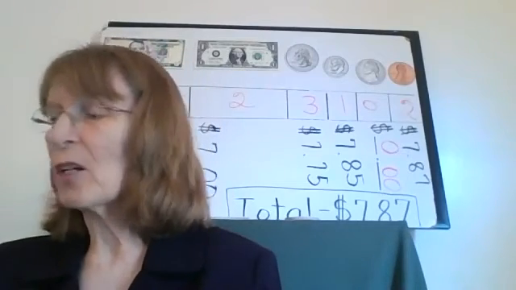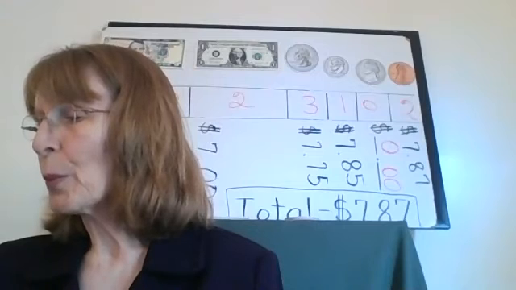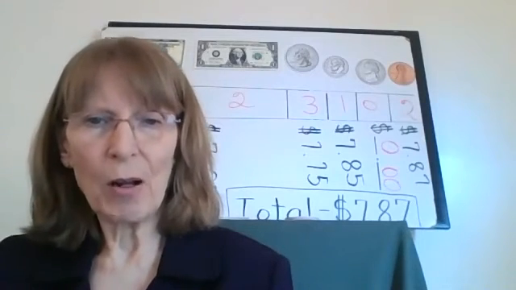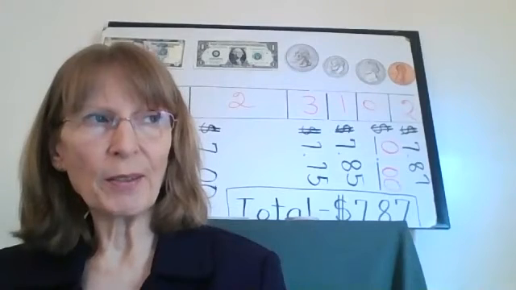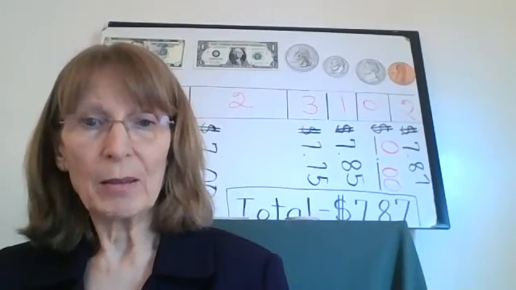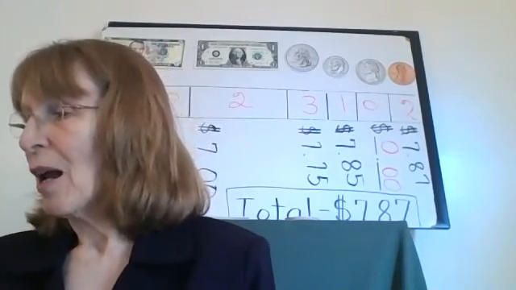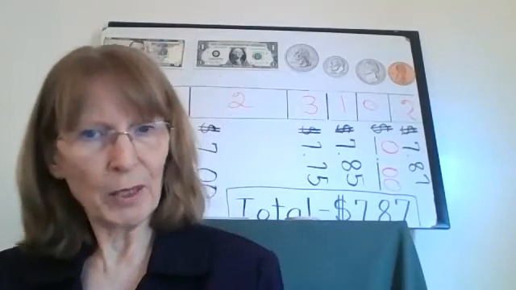Look at $8.88. 88 cents is almost $9. 88, 89, 90, and then 10 more cents would be $9. Looks like it's going to round up to me. What do you think?